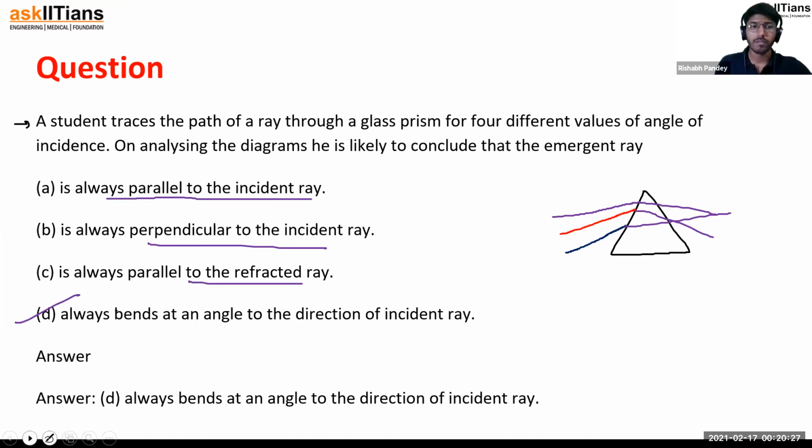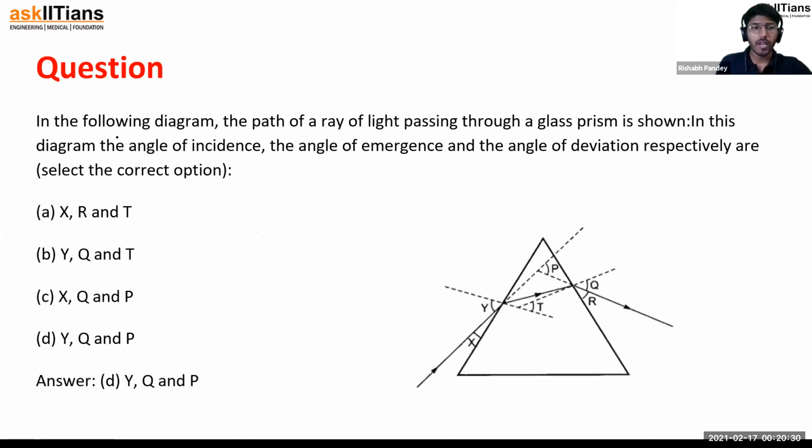Next, in the following diagram, the path of a ray of light passing through a glass prism is shown. In this diagram, the angle of incidence, the angle of emergence, and the angle of deviation, respectively, are? See, here when this light entered, it entered at an angle with the normal. So y will be the angle of incidence.